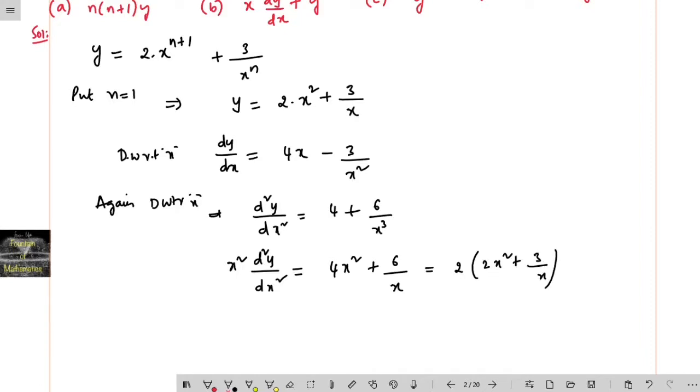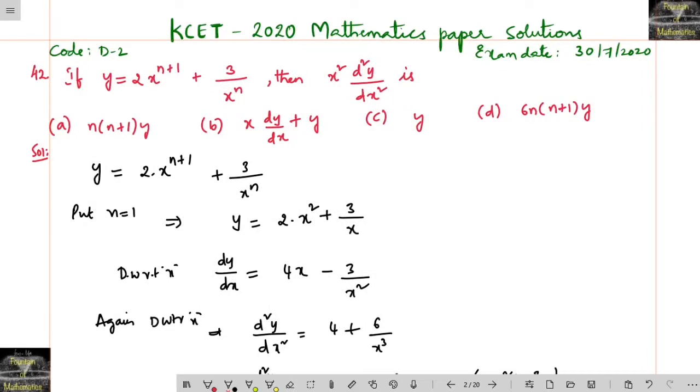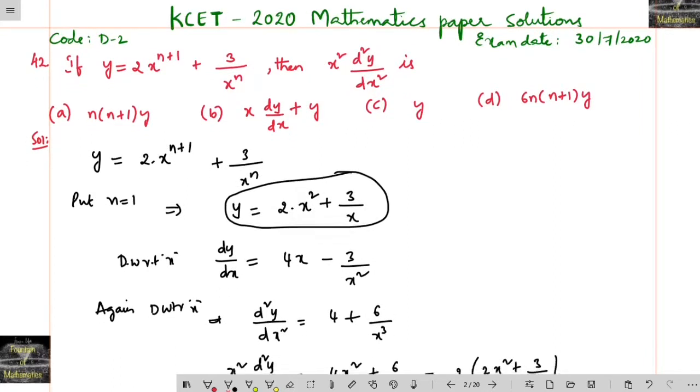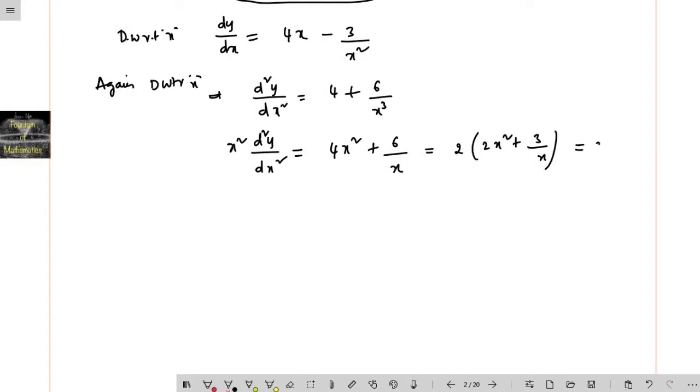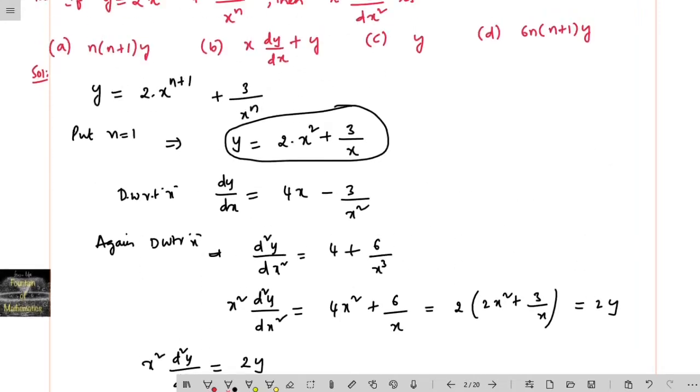So what is 2x square plus 3 upon x? That is your y. So we can say this is 2y. Means your question x square d square y by dx square is equal to 2 into y. And if I look at the options, first option is n is equal to 1. If I substitute 1 into 1 plus 1, that is 2, this is 2y.